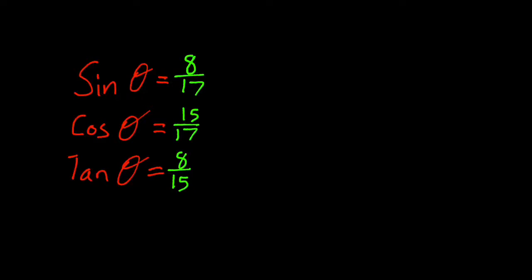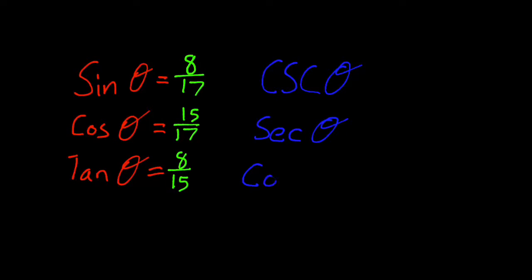So the reciprocal function for sine. Sine's reciprocal function is called cosecant, and it is abbreviated CSC. Cosine's reciprocal function is called secant, and it is abbreviated SEC. And tangent's reciprocal function is called cotangent, and it is abbreviated COT.